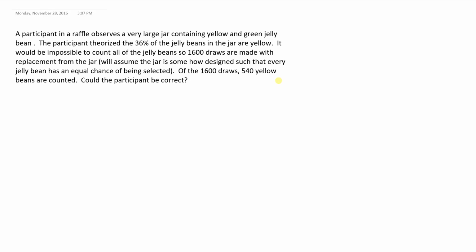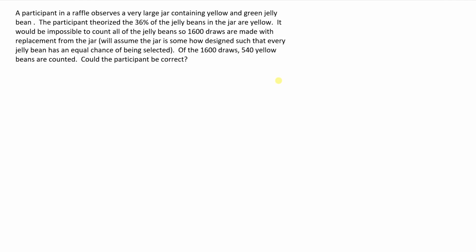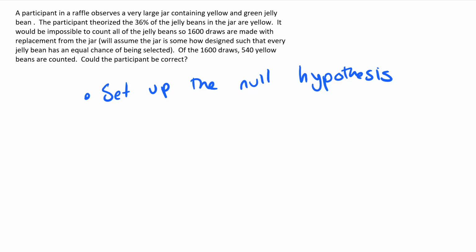So for a test of significance, your textbook breaks it down into steps. Step 1 is to set up the null hypothesis. What we're going to do is try to disprove this participant.